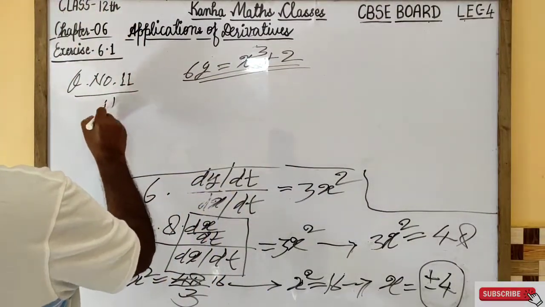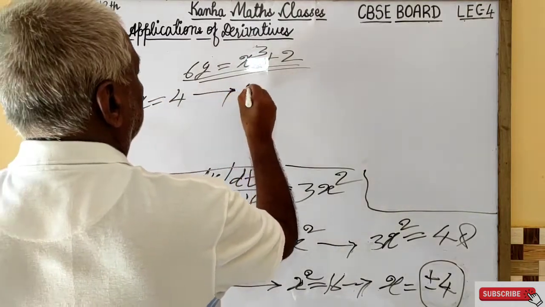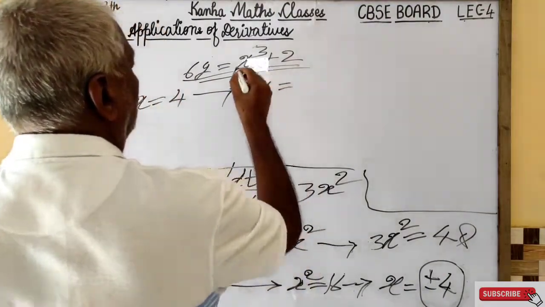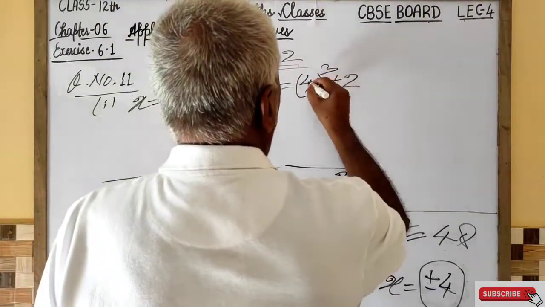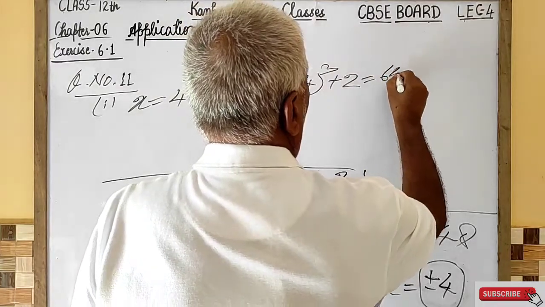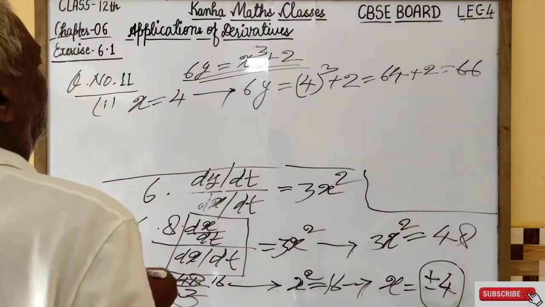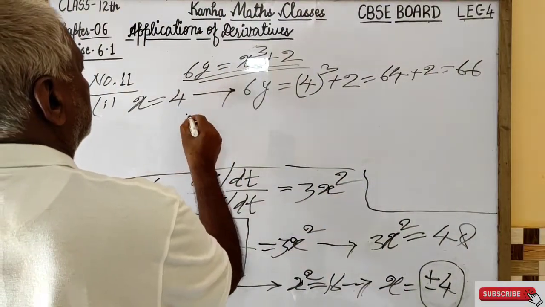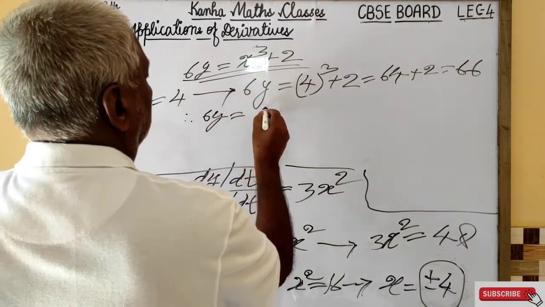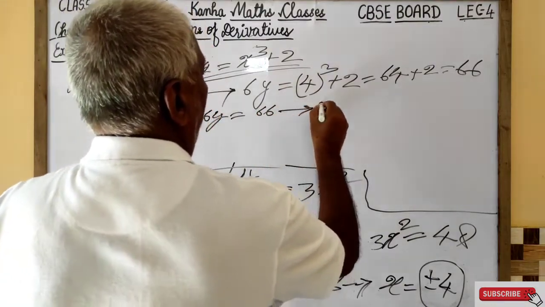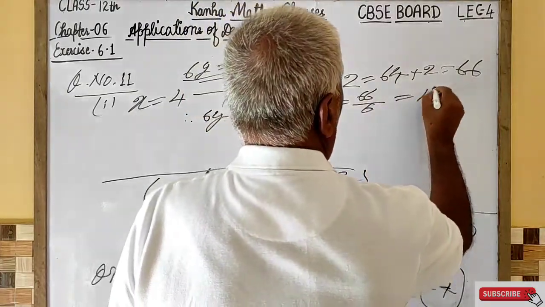So first, if we apply x is equal to 4, then 6y is equal to 4 cube plus 2, that is 64 plus 2, that is 66. It means y is equal to 66 upon 6, that is 11.